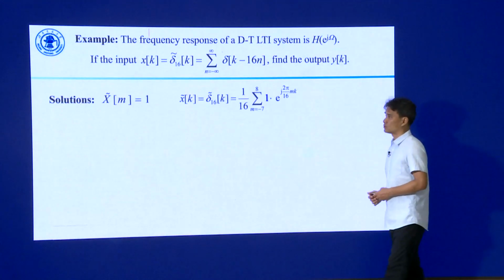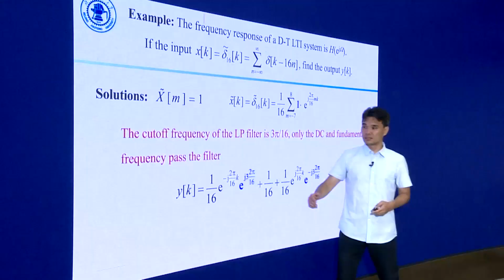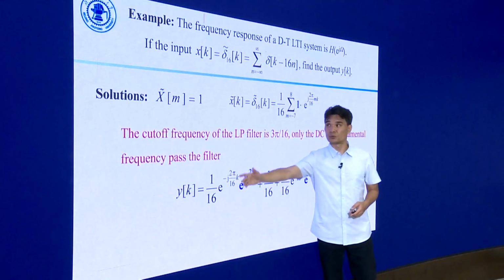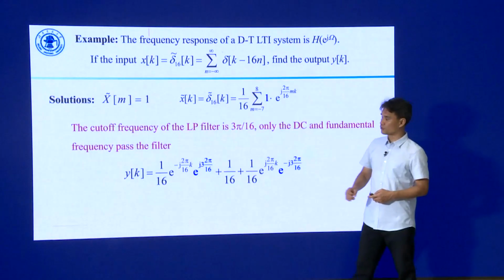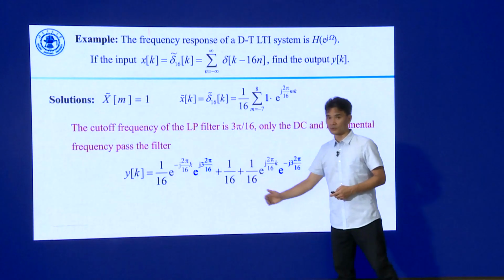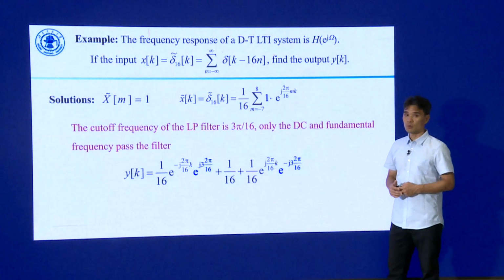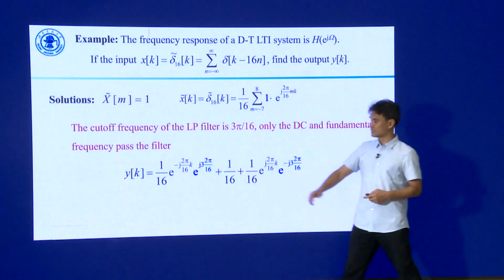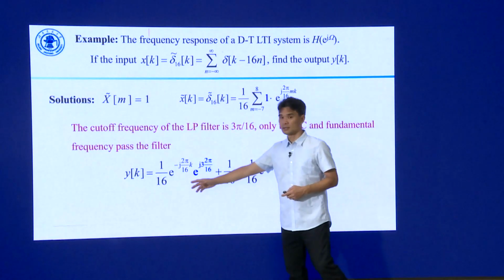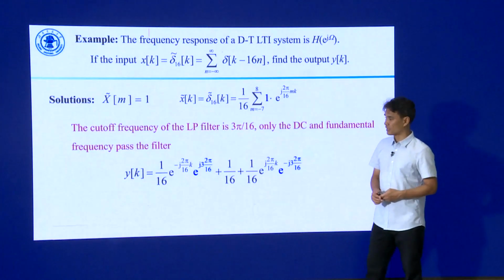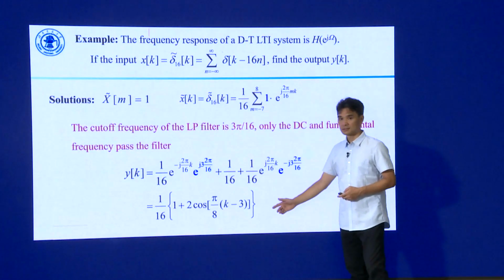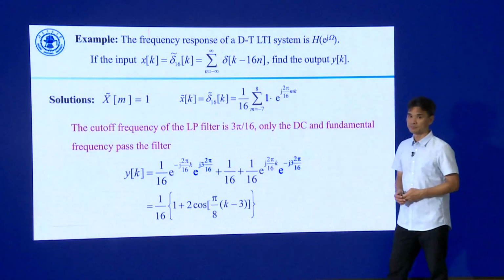Now we can try to write out the zero-state response to the periodic impulse signal. Only 3 components can go through the ideal low-pass filter: the DC component and the fundamental frequency components. Now we can simplify to this expression.